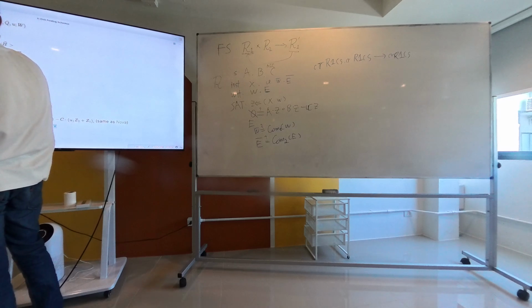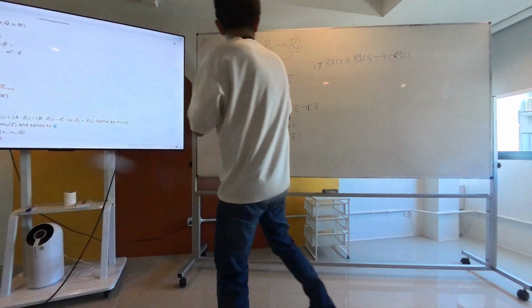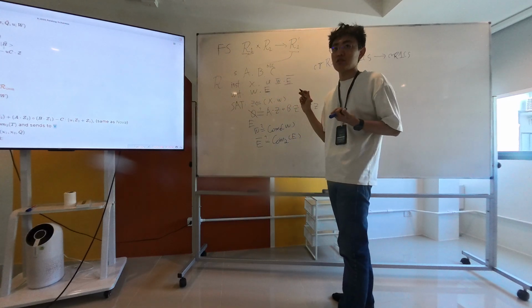So what OVA does is, one observation is that it can combine the U and the E into one commitment.